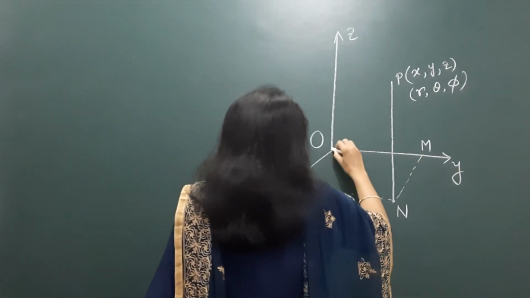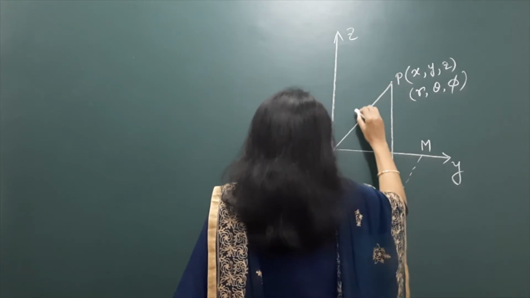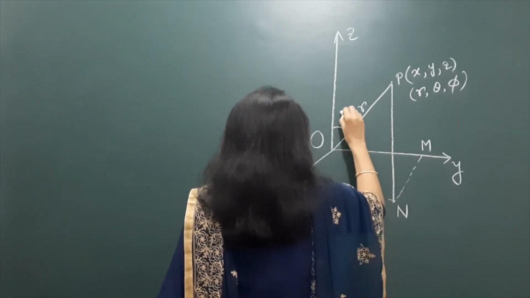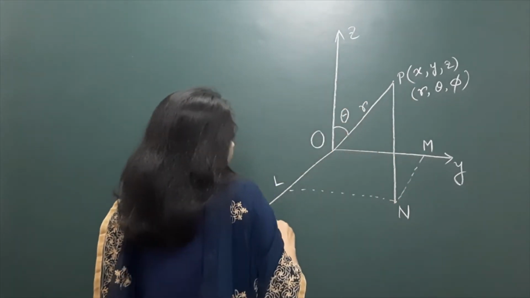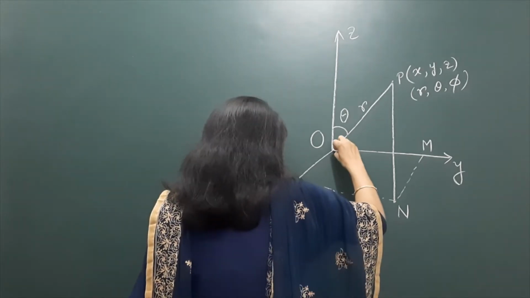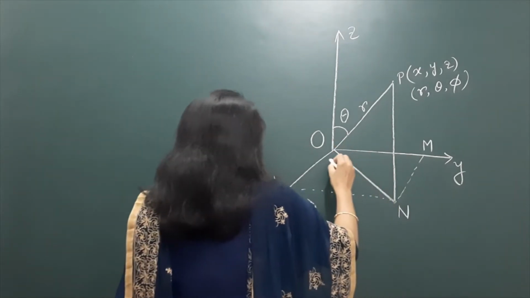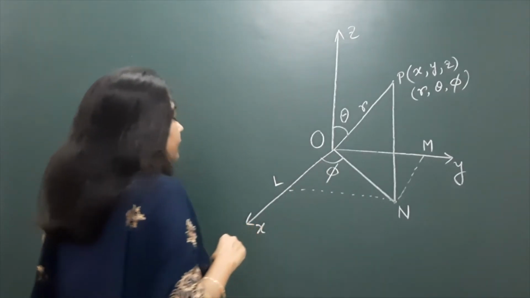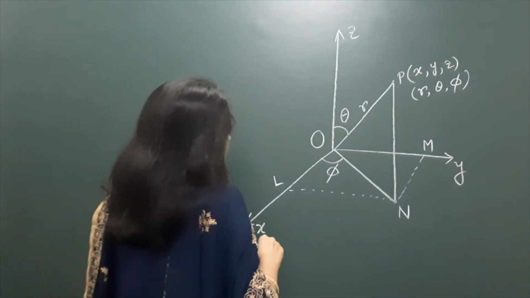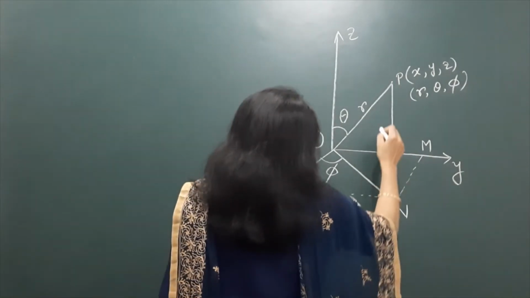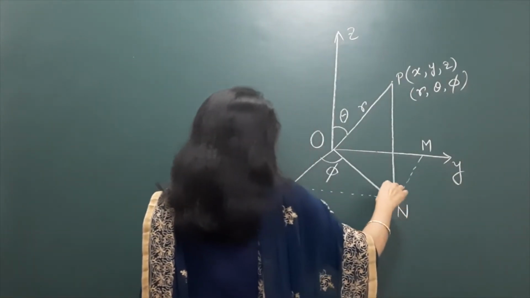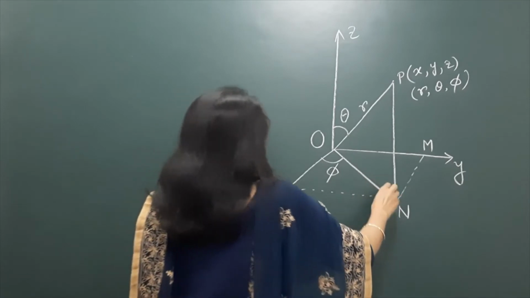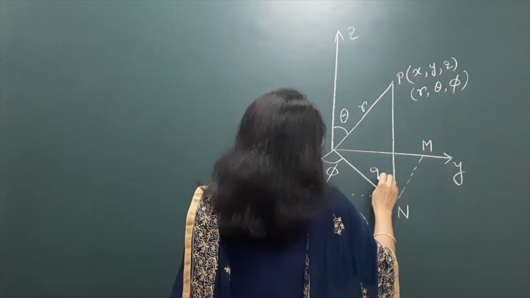Now OP is R, which makes angle theta with z axis, and let us join ON in the xy plane. So this is 90 degree.